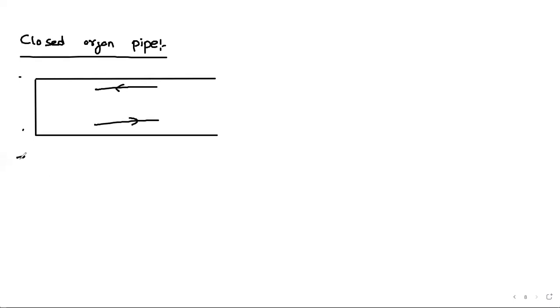So in closed organ pipe, if you have an incident wave, then the equation of incident wave is this. Say the incident wave is traveling along negative x-axis and the reflected wave is traveling along positive x-axis. So you have y incident is a sine omega t plus kx, because the incident wave is traveling along negative x-axis. Then it gets reflected.